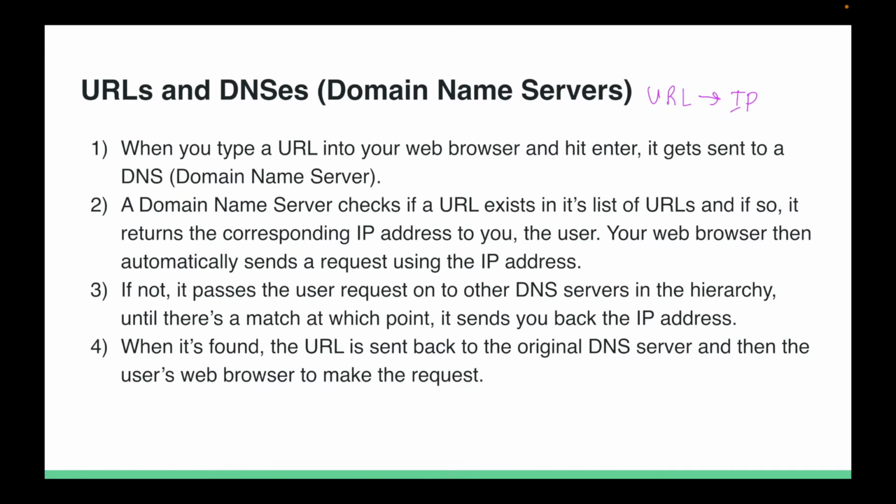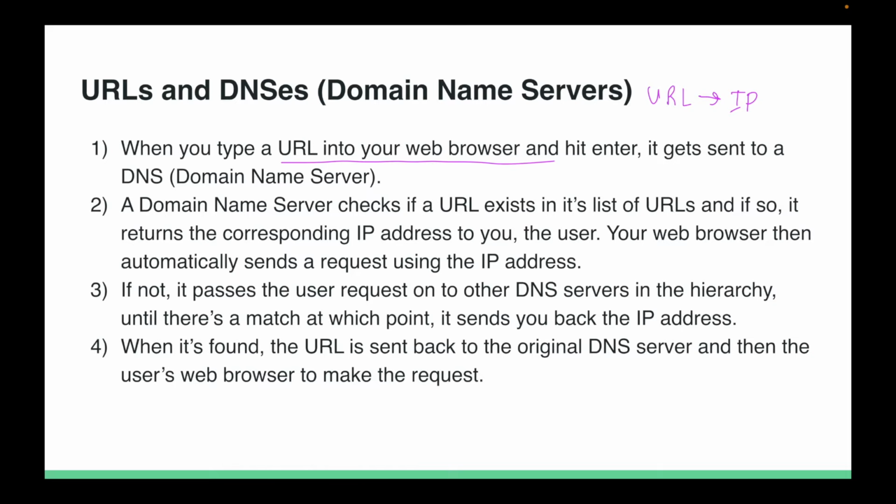Let me walk you through what that means. When you type a URL into your web browser, it gets sent to a domain name server first. This domain name server is just a server that's generally associated with your ISP, meaning your internet service provider. Just to clarify, when we're talking about an internet service provider, we're talking about Comcast, or whatever company through which you get your internet.